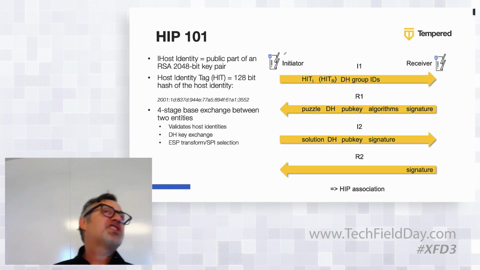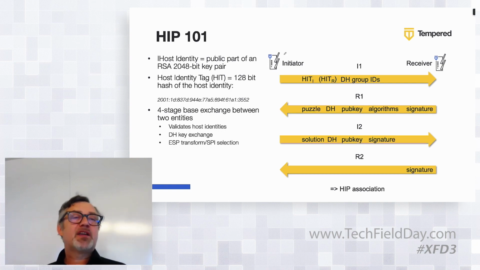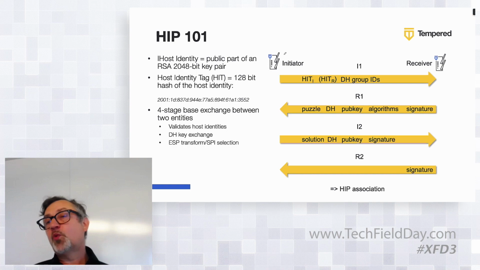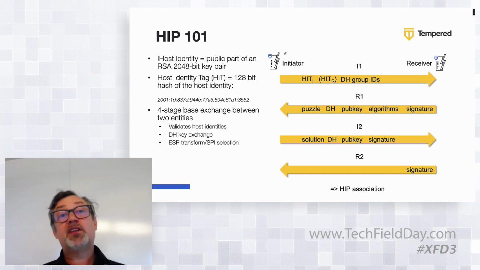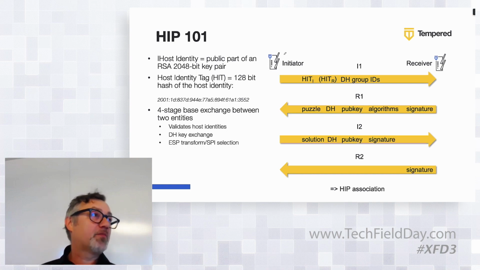HITs in particular are built up by reserving 28 bits for a global IANA-assigned routing prefix, and then 4 bits are reserved, which essentially encode the encryption and hashing algorithm used, as well as the hashing and truncation method used to obtain the HIT.